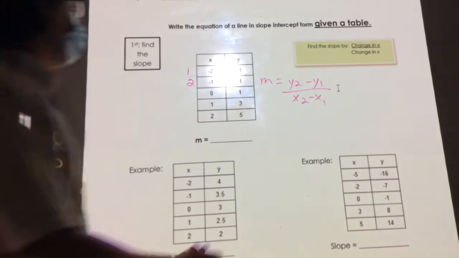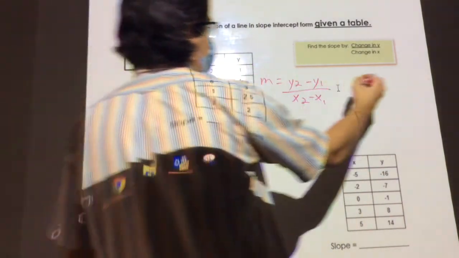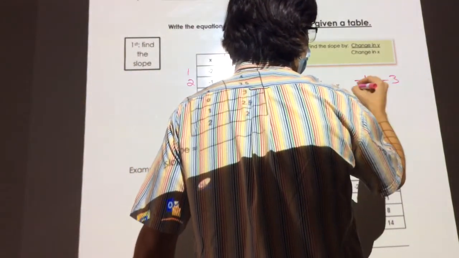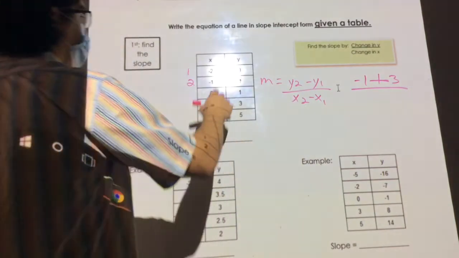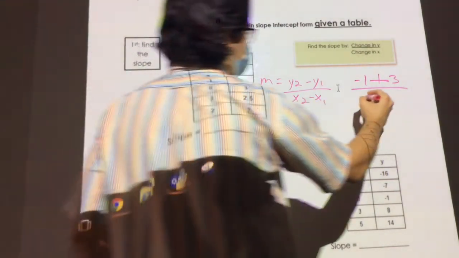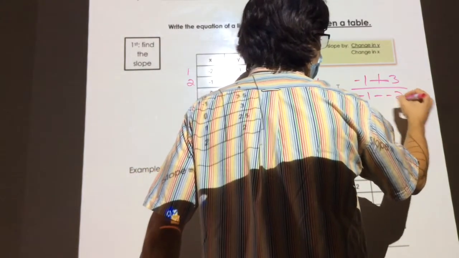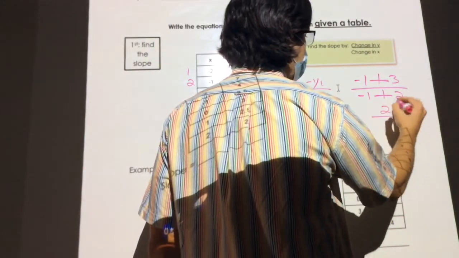So to plug this in, I'm going to have -1 minus a -3. What happens when I have minus a negative? It becomes plus. And then I'm going to have -1 minus a -2. Are we all good there? So when I do this, it ends up being a positive 2 over 1, which is just 2.